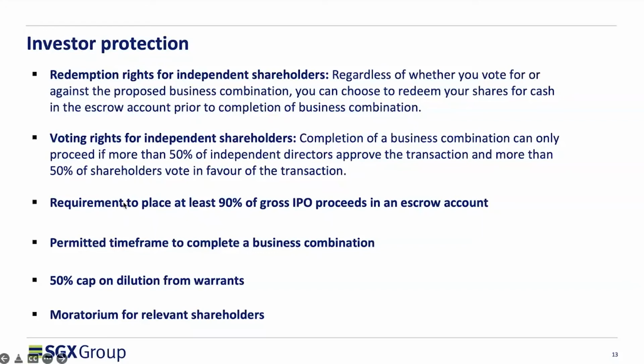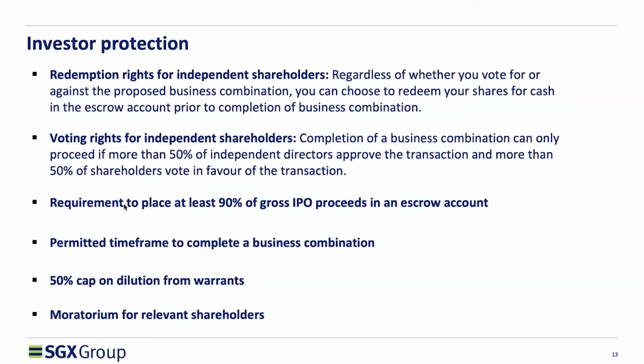The other protection mechanisms to take note of is that in Singapore, there is a requirement for the sponsors to place at least 90% of the gross IPO proceeds in an escrow account.